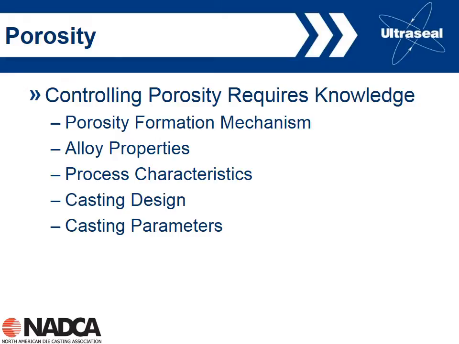We'll talk about process characteristics and casting parameters, such as the slow shot velocity, the fast shot velocity, and the temperature distribution of the die, which can also have a big effect. And then the casting design: working with the part designer, their part is going to give us a fingerprint of where the porosity is going to form. I'll talk about some examples of that and what we can do in part design to minimize the formation of porosity during the die casting process.